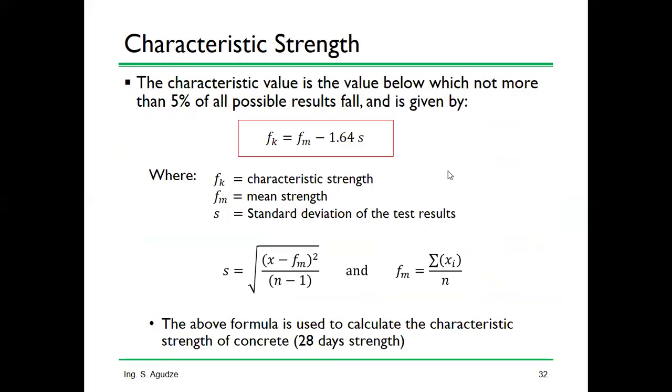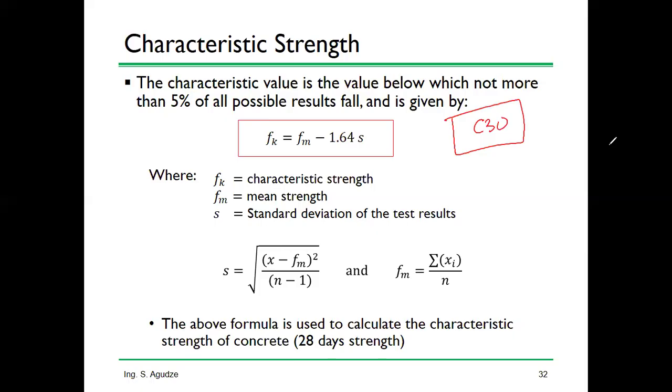So this characteristic strength I'm talking about, like I indicated earlier, when you have a project, we call something mix design. You do the mix design, and then you prepare cubes. Based on the cubes, you go and test. So let's say C30 strength is specified for the work, you go and test the cubes. Remember that the material used to prepare this cube must be where you get material to do the project.